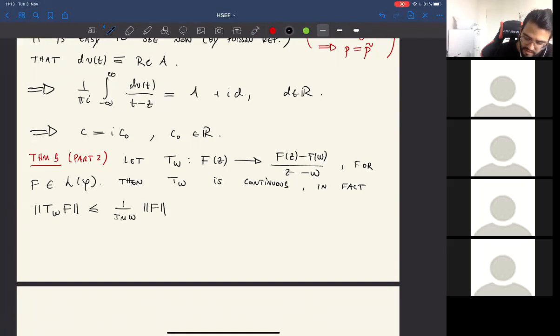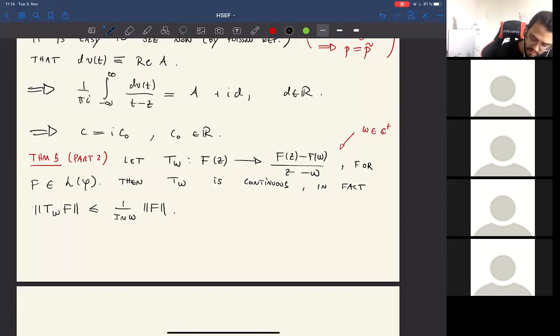Of course, I'm doing this for each W in the upper half plane, okay? So we can even compute the norm, great.